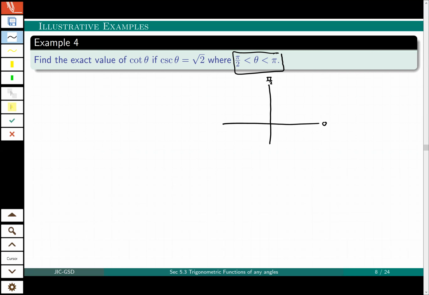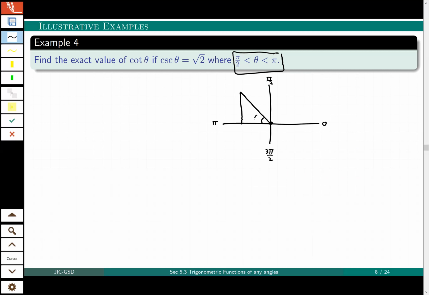That's pi over 2. That is pi. That is 3 pi over 2. So the angle is between pi over 2 and pi, which means our angle is a second quadrant angle. So remember always, when you draw the triangle, you start from the origin, you go to the point, you close it with the x-axis, not with the y-axis. It must be with the x-axis.